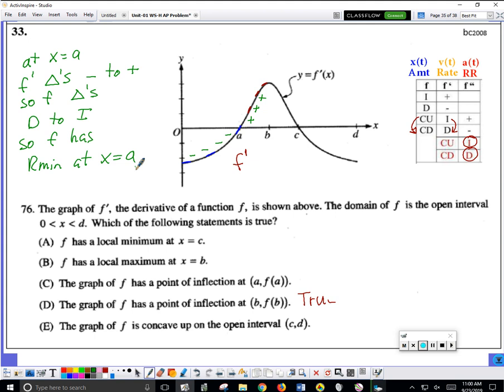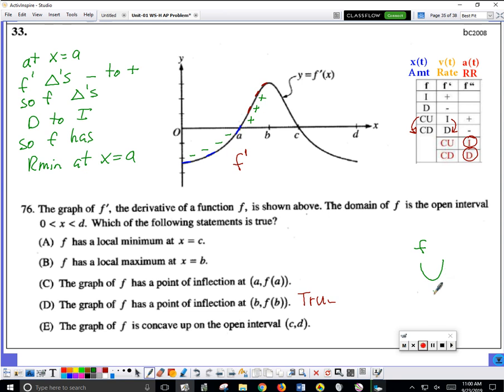It could, but it doesn't mean it has to. In fact, I would say it's rare or near impossible, actually. Don't associate concavity with relative mins and maxes. When f prime has a relative min or max, f has a change in concavity, for sure. But something that people have trouble with a lot is they'll think that because f is concave up, there must be a relative min there.